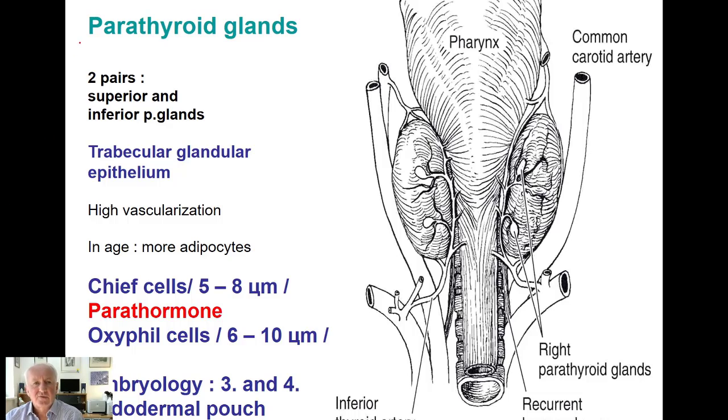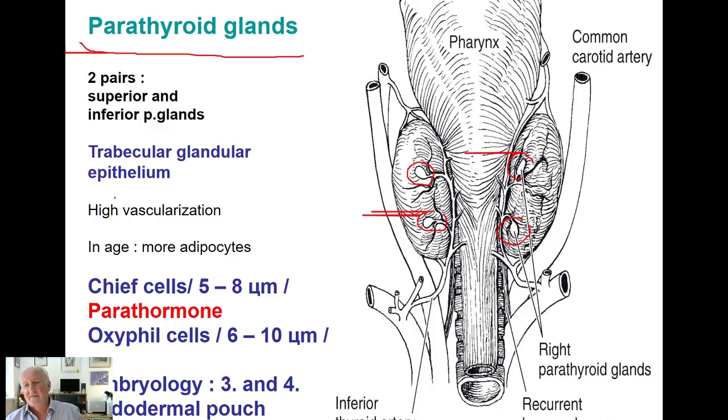Now let's move to the posterior part of the thyroid gland. You are watching from the posterior view, from the back side, covered with the same capsule as the two lobes of the thyroid gland. So we are watching here two upper and two lower parathyroid glands.